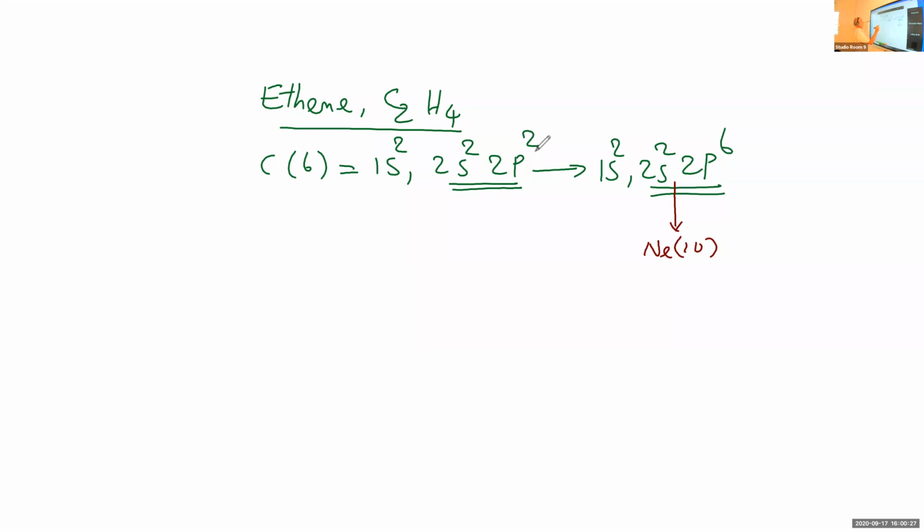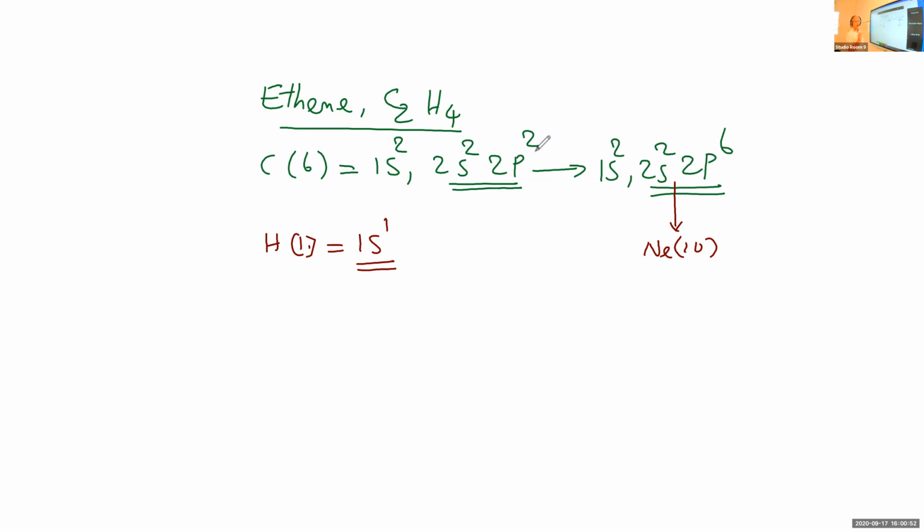Then come to hydrogen. Hydrogen atomic number is 1, and it is 1s1. There is only 1 electron. And hydrogen has to complete its doublet. So to complete the doublet or duplet, hydrogen has to get one more electron.